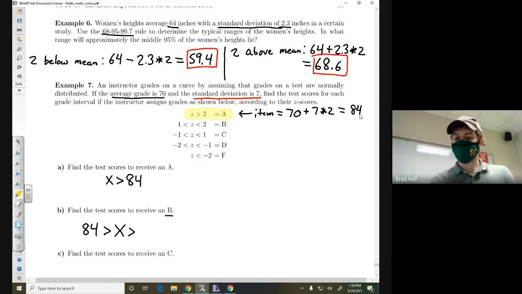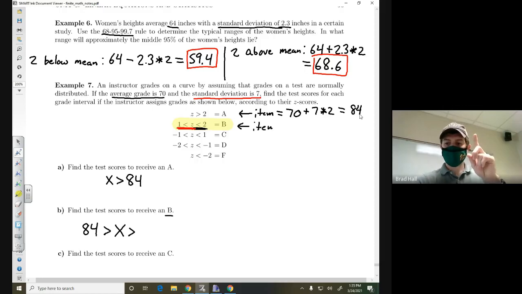We did A, now let's look at B. With this one, we know what the upper bound is, so we already figured out that part. Now we need to figure out the other side, when z is greater than 1. So this means we need to figure out what happens when we have a z-score of 1.